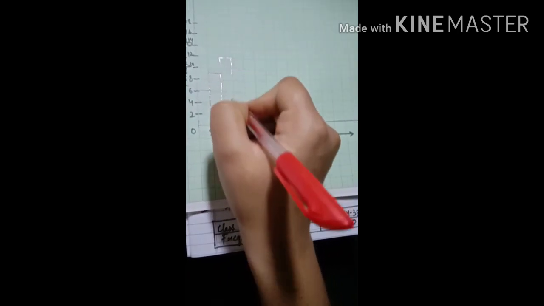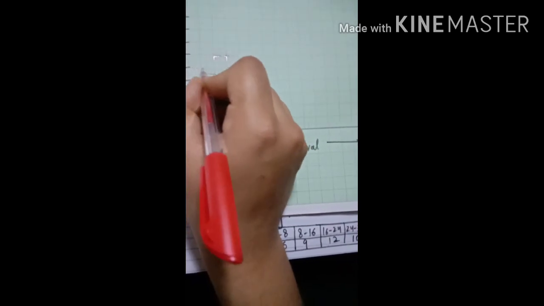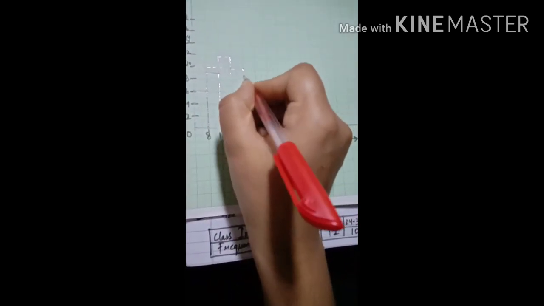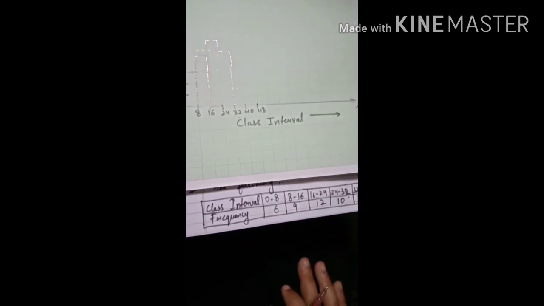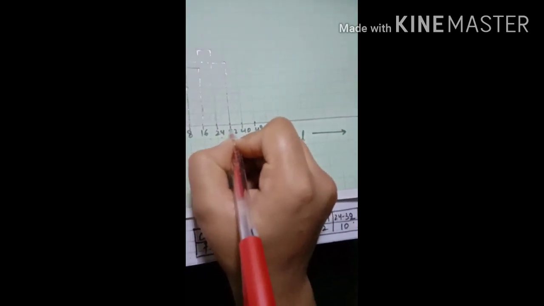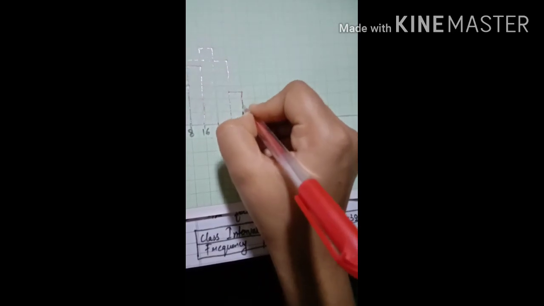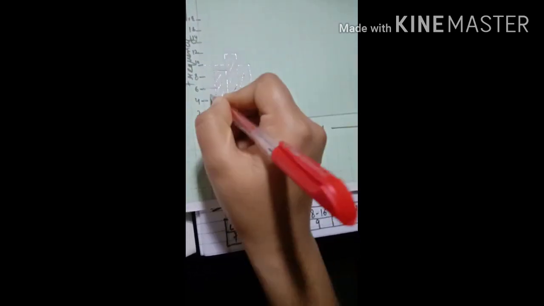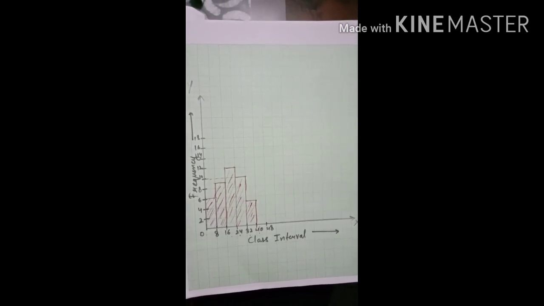Draw the rectangle again. Then 24 to 32 we have 10. Draw the rectangle for 10. Then 32 to 40 we have 5, so we draw 5. Mark the rectangle accordingly. Here we get the histogram of this question.